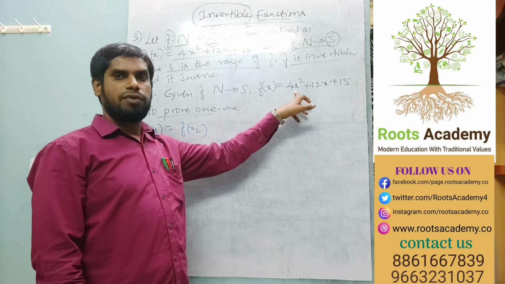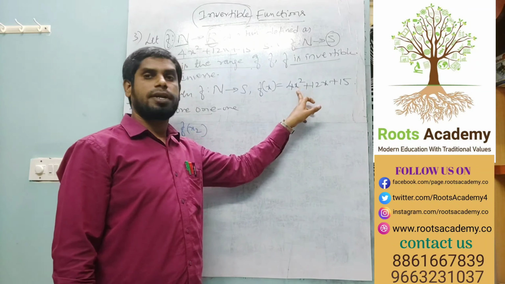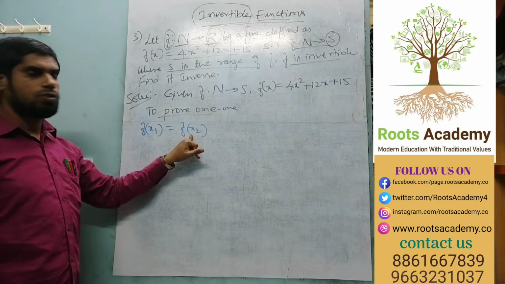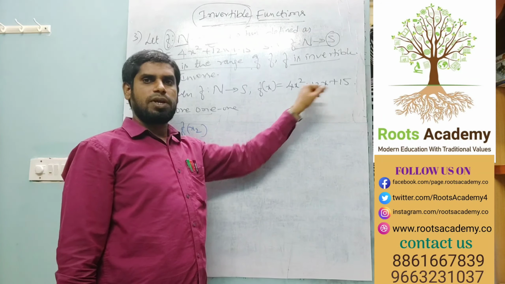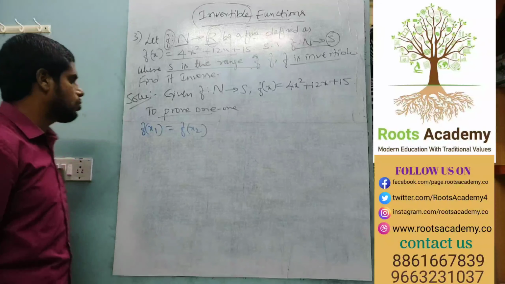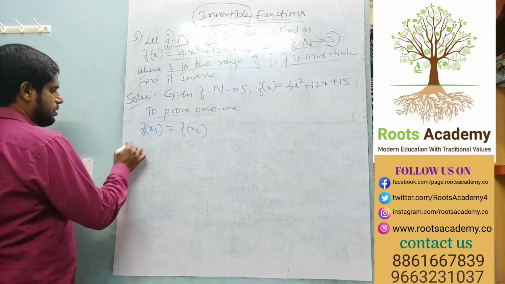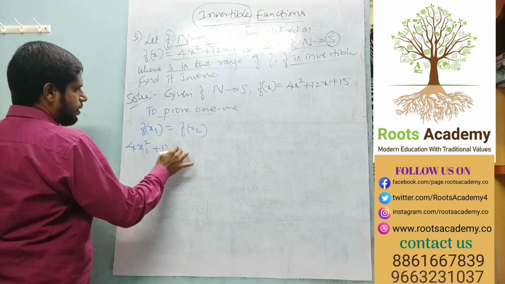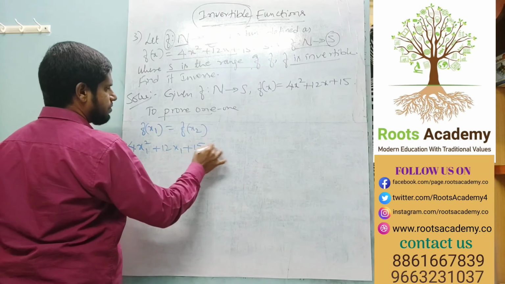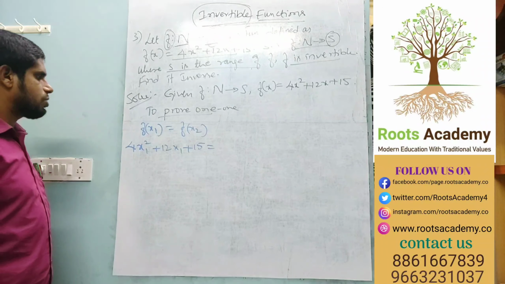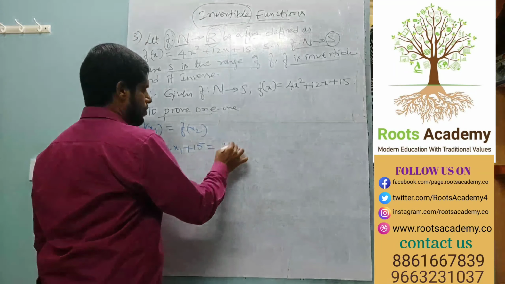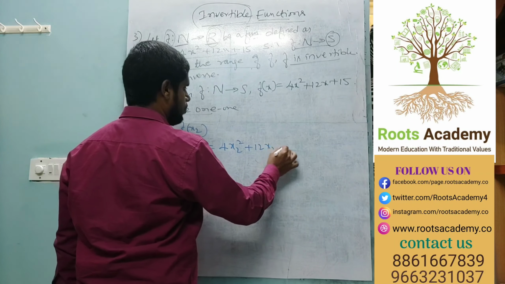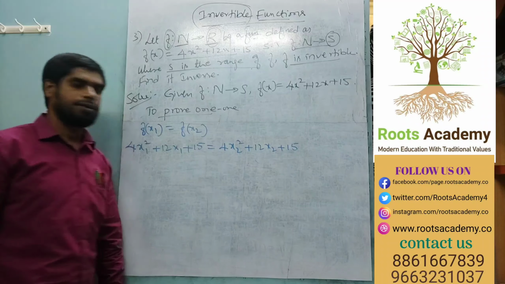In this function, wherever x is there, we should write x1, other terms as it is. Next, for f of x2, same function, in place of x we should write x2. So first, 4x1 square plus 12x1 plus 15 is equal to 4x2 square plus 12x2 plus 15.